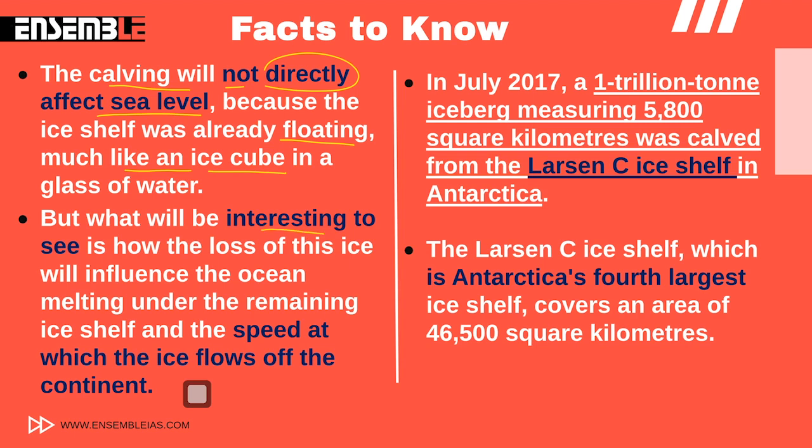But what will be interesting to see is how the loss of this ice will influence the ocean melting under the remaining ice shelf and the speed at which the ice flows off the continent. So these are the important aspects that you should precisely know, because questions can be asked in a manner suggesting that this can immediately impact the rise in the sea level.